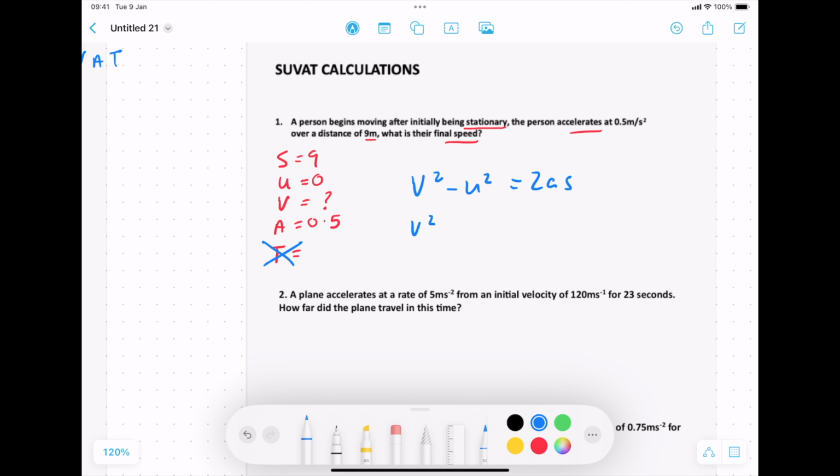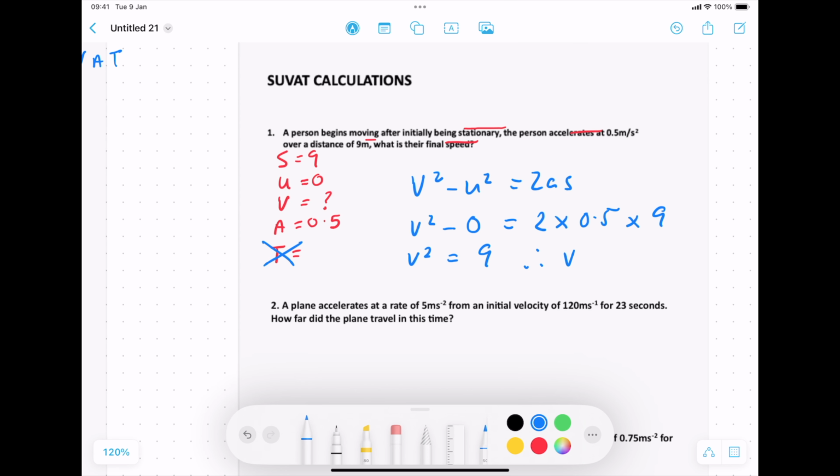Then V squared minus 0 equals 2 times 0.5 times 9. So V squared equals 2 times 0.5 is 1. 1 times 9 is 9. So V squared equals 9. So therefore V equals the square root of 9, which is 3 meters per second.